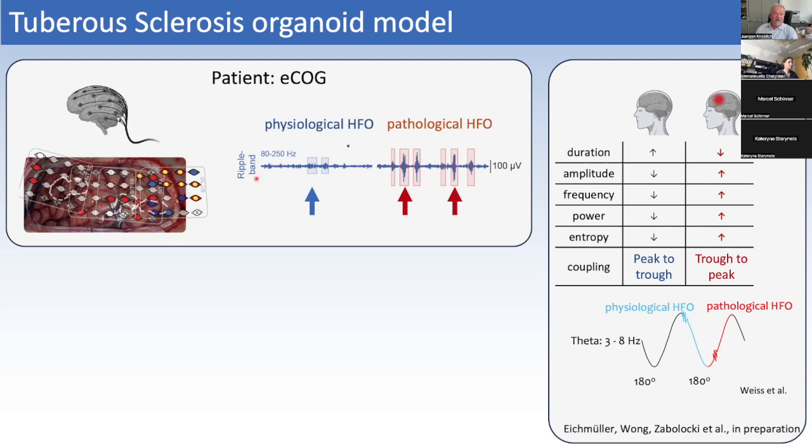What you can do with the neural network activity that you measure is put a certain bandpass filter over it, so you measure activity only, in this case, between 80 and 250 hertz. And then you really see the difference. This is a healthy electrode, for example one that was very far away from the epileptogenic core, and it records this very small activity, but over a long time period.